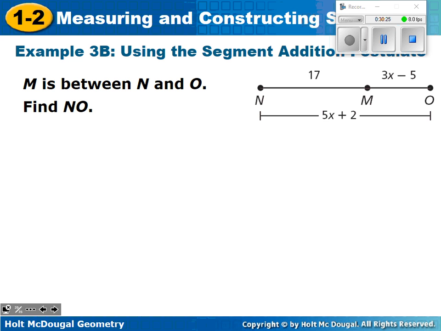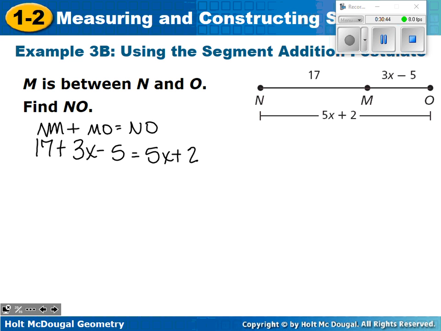Go ahead, Molly. So we just said the segment addition postulate states part plus part equals the whole. So that means that NM plus MO should equal NO. So you could start with it in terms of the actual letters, or you could start by just writing this equation.